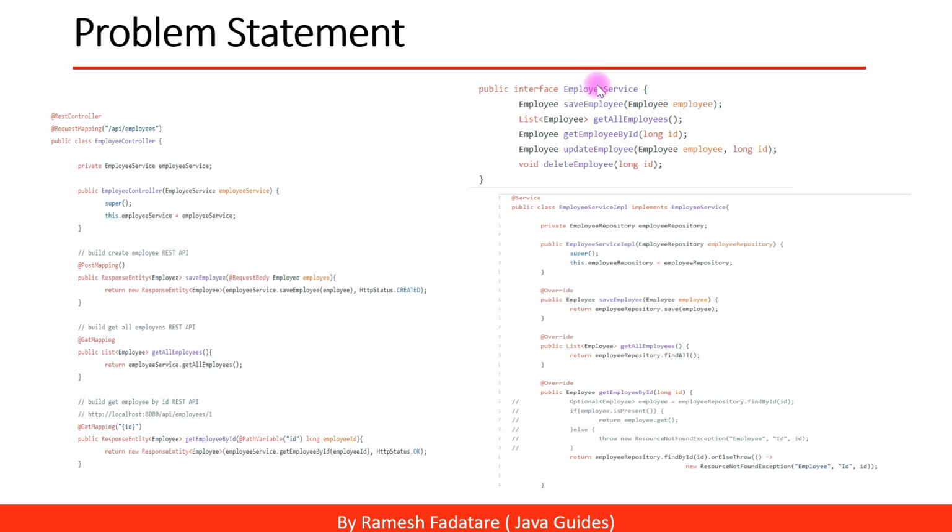Okay, and similarly in the service layer, we first create an interface, EmployeeService, and then we create a class EmployeeServiceImpl, which implements the EmployeeService interface and implements all its methods. Okay, so for a single entity, let's say employee, we need to create 3 files.